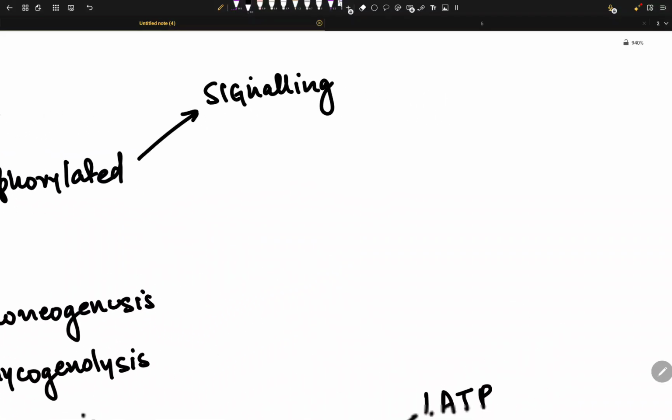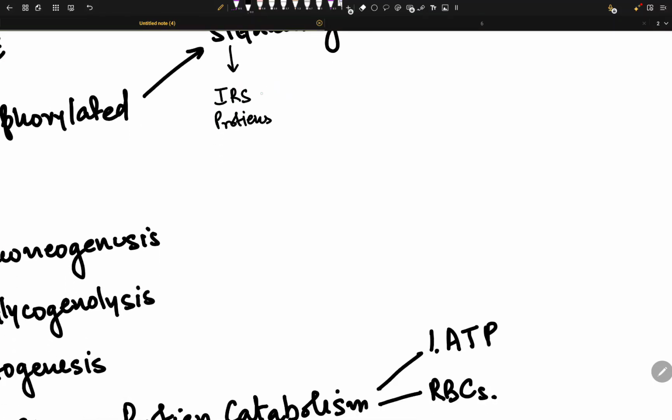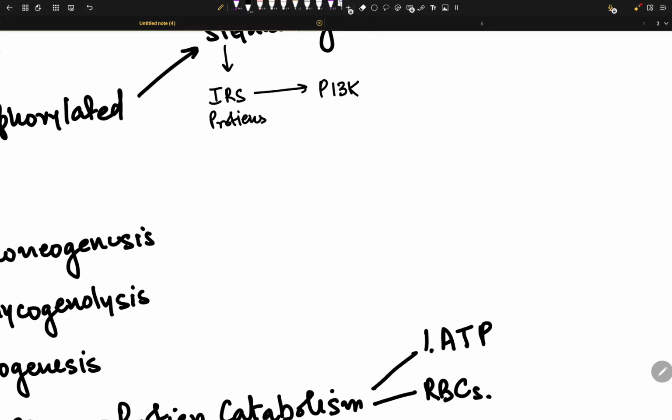Now the cascade starts with IRS proteins. Once these IRS proteins are activated, they talk to PI3K.